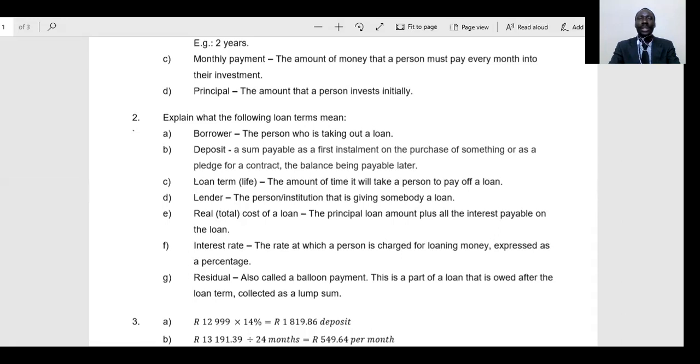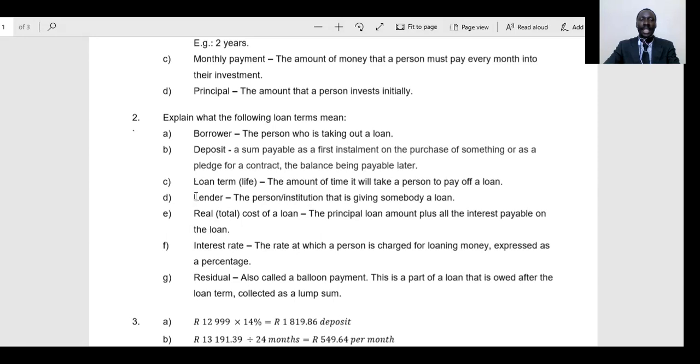Over a period of 2 years or 5 years, you expect that money plus the interest. That is called a 5 years investment term. But for loan term, it's when you took some loan from someone or from an institution and you're paying after a period of 2 years or 5 years. That is called the loan life or the loan term.